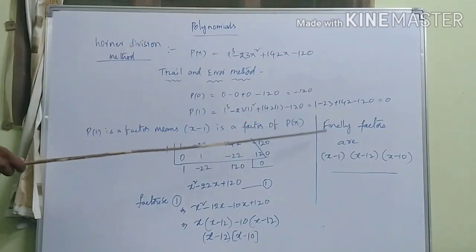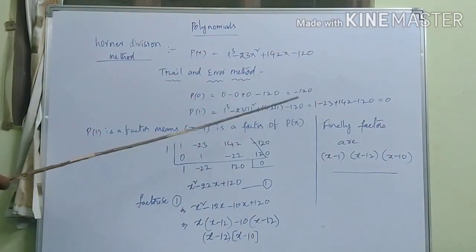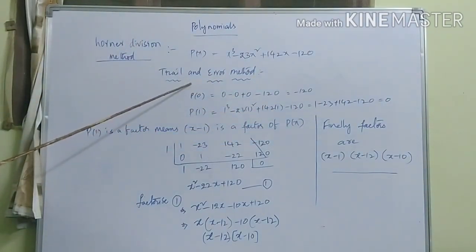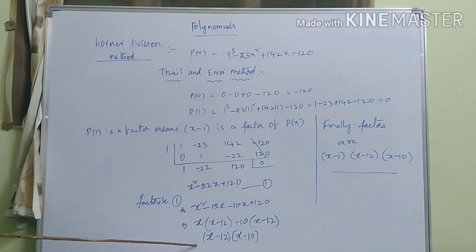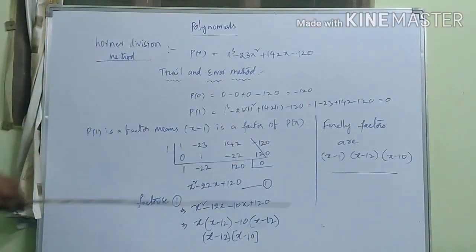So finally the factors are: by using the trial and error method we get one factor, that is x minus 1, and the remaining factors by factorizing the quadratic polynomial are x minus 12 and x minus 10.